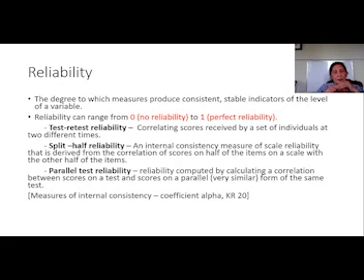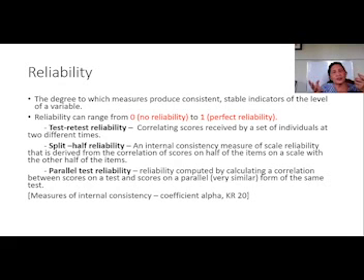From the term itself, you can say that there are two instances where the test is given. First instance, you score that. The same test given another instance, let's say today and then tomorrow, today and next week, the same test is given to the same group of people.